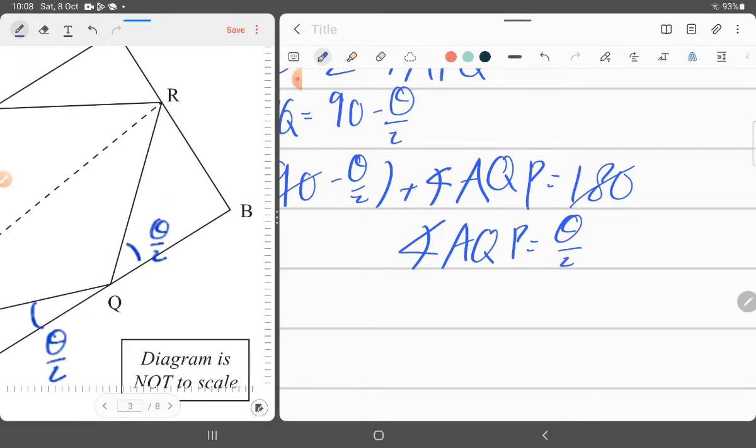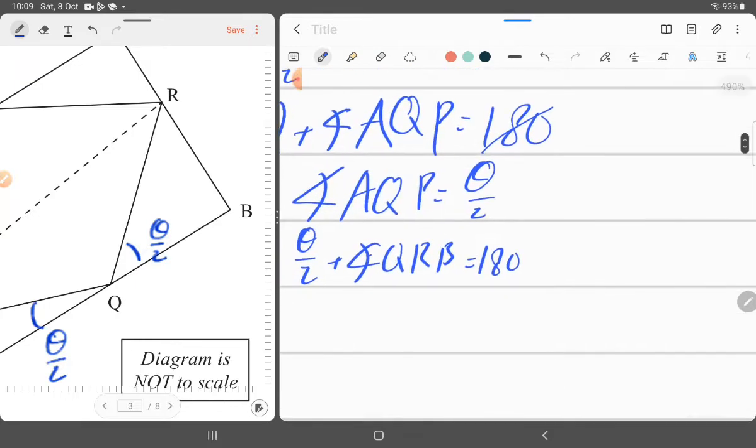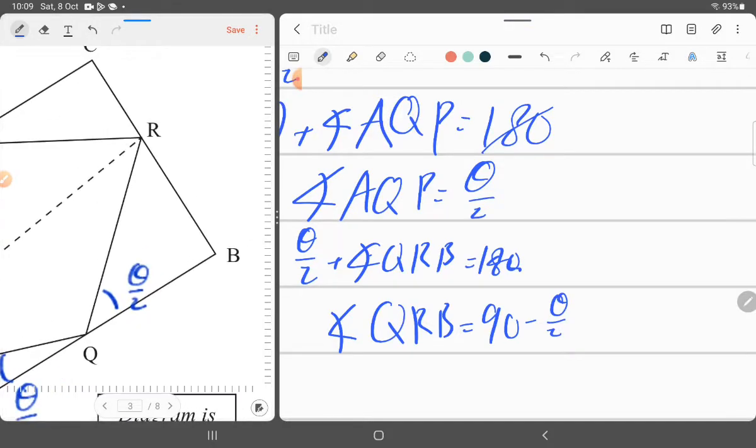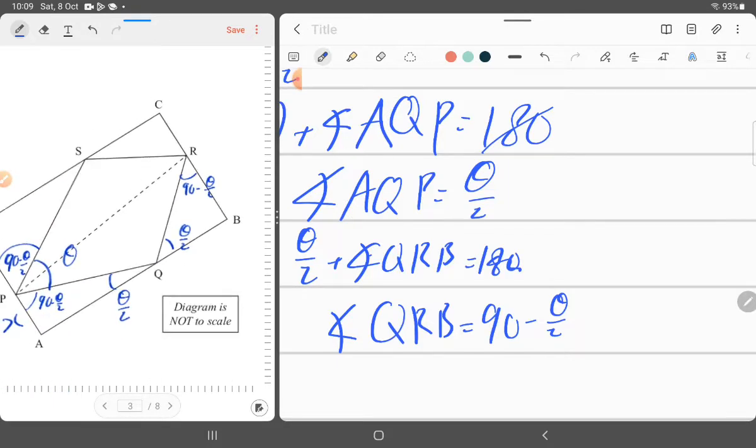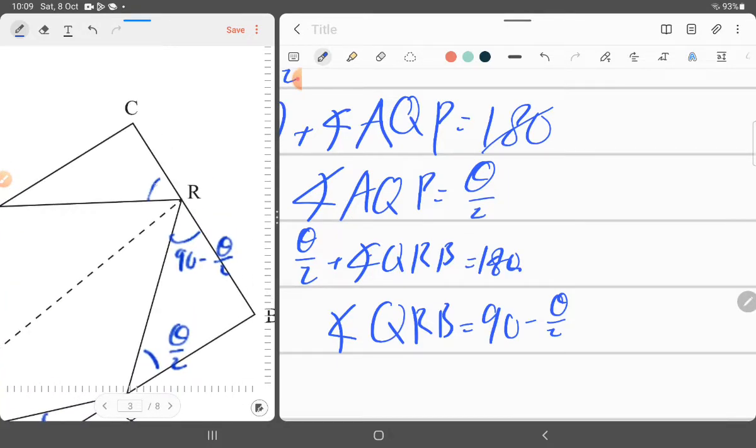Likewise, 90 plus theta over 2 plus angle QRB is equal to 180, cancels. So QRB is equal to 90 take away theta over 2. Here is 90 take away theta over 2.